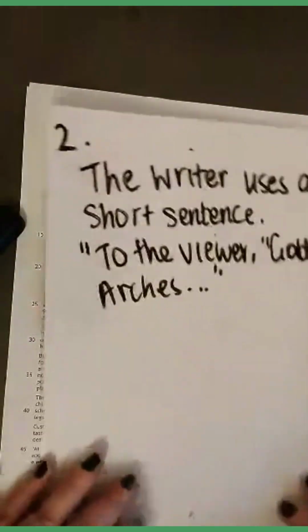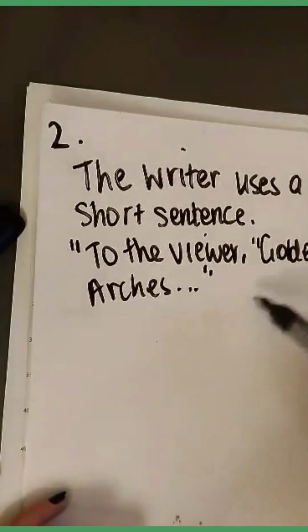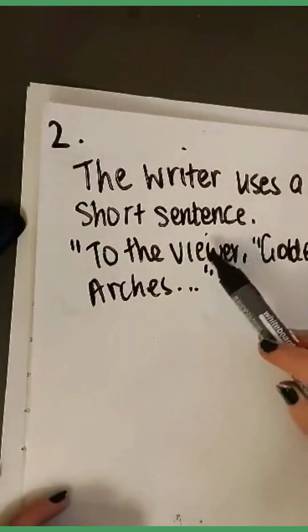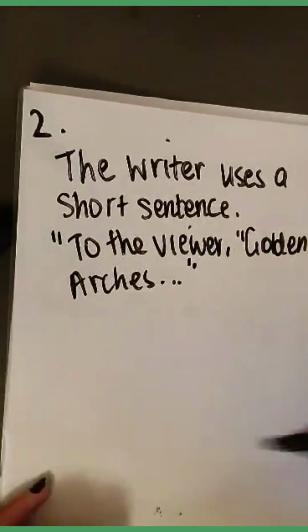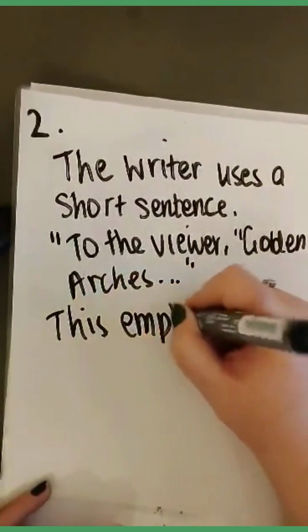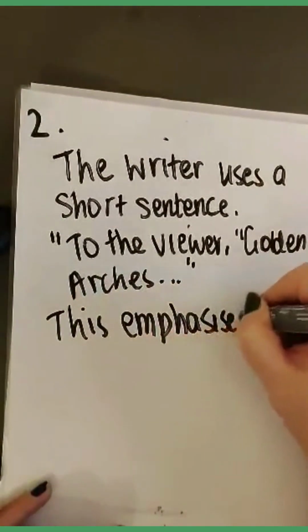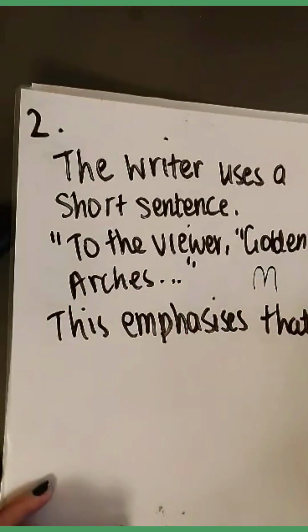So we've done our I and our Q, and we're now moving on to our E. We're going to explain. Now, short sentences, just like lists and repetition, emphasise what has been said in there. So we're going to say that this emphasises that. Now the golden arches is obviously referring to the big McDonald's M. But this sentence is saying that people don't know what that means.